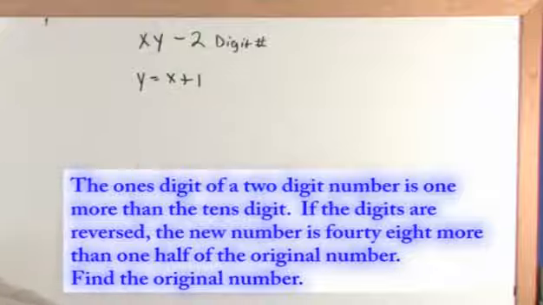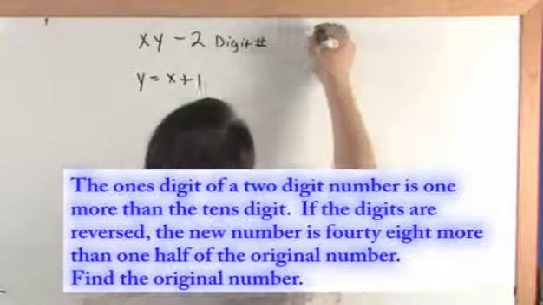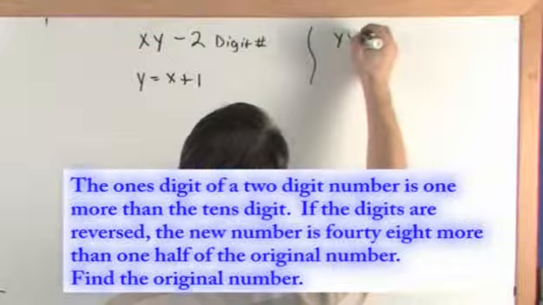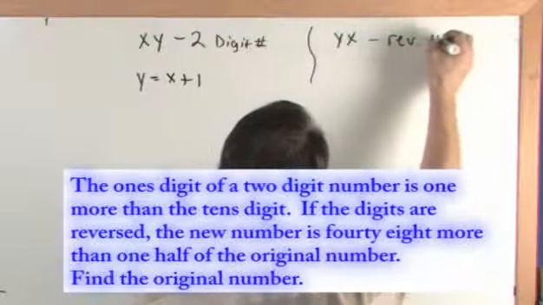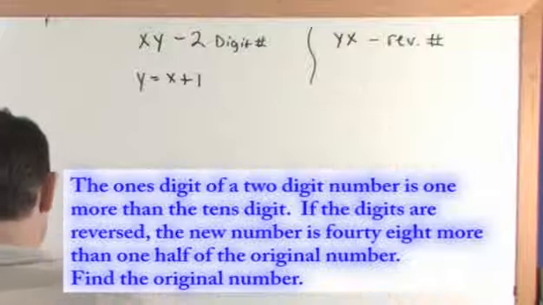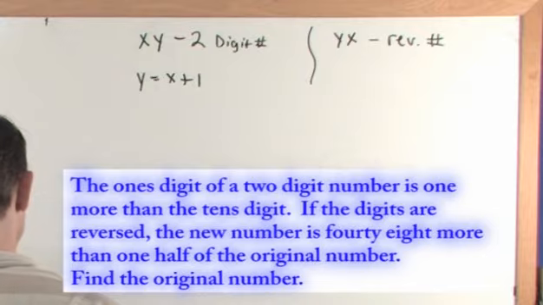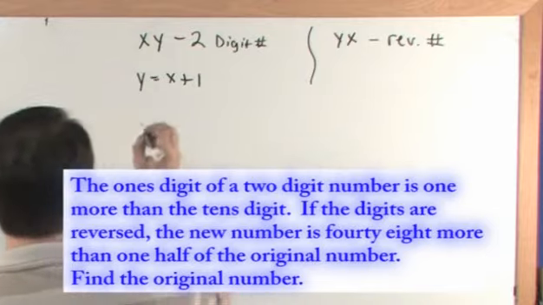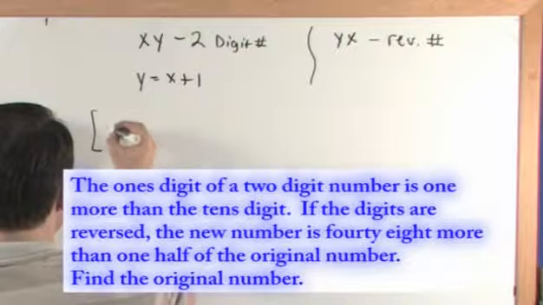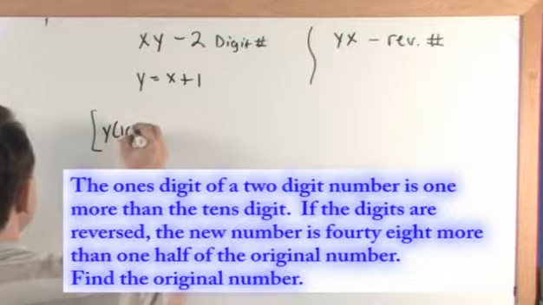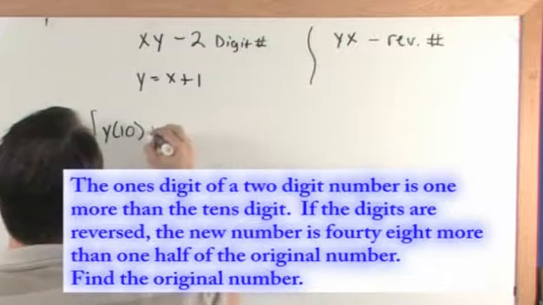If the digits are reversed, and by the way, if they're reversed, it'll look like yx, the reversed number. If the digits are reversed, the new number is 48 more than 1/2 of the original number. So let's tackle that one. First of all, let's write down what the new number's value would be. Y times 10, because it's the tens digit, plus x.